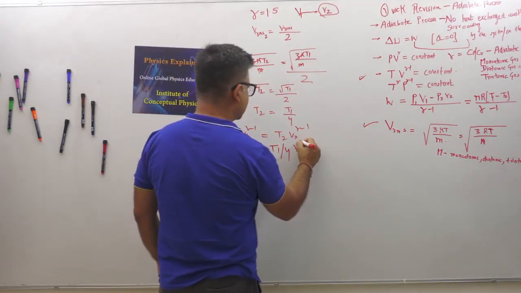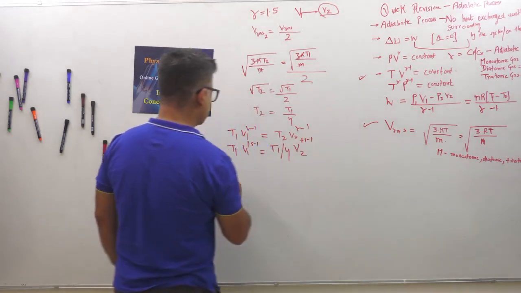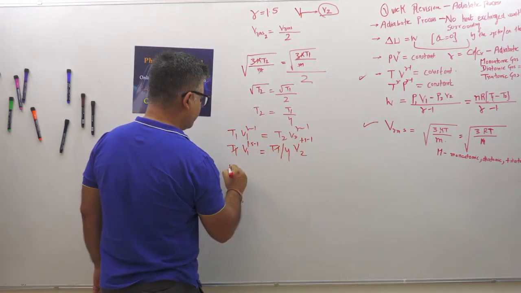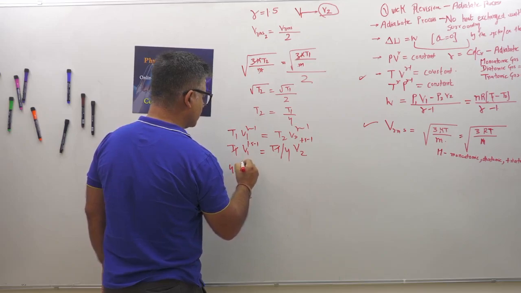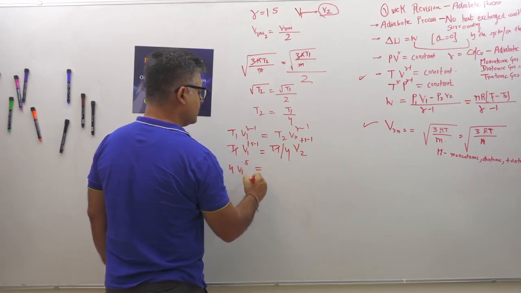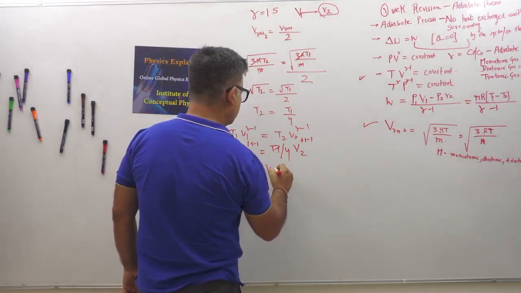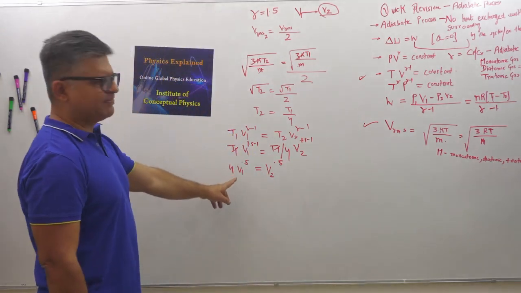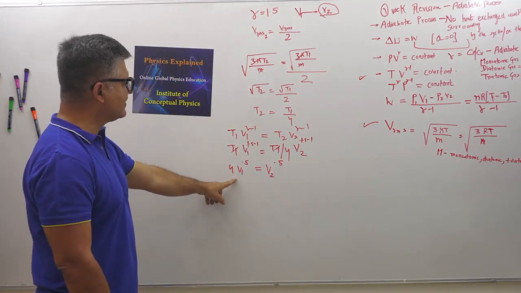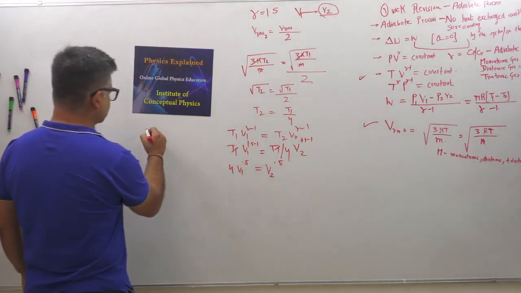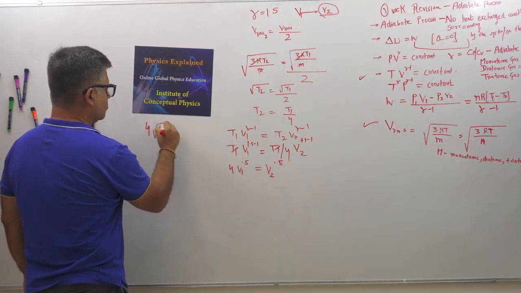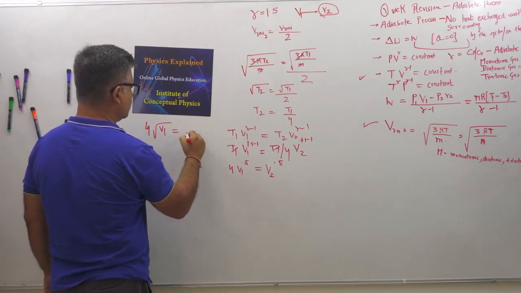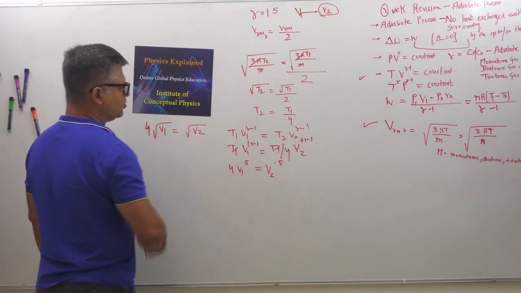So I am going to write this as 1.5 minus 1, T, right? So 4 V1 to the power 1.5 is equal to V2 into 0.5, right? So if I rewrite this, what exactly is this? This is 4 root of V1 is equal to root of V2, right?